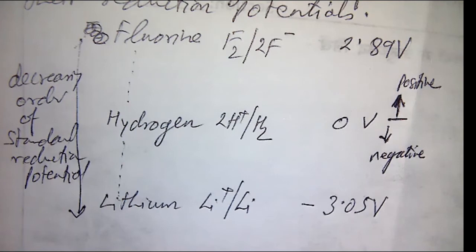But before that, one more thing I'll give you. When I give you this electrochemical series, you know the elements and you also know the electrode potentials. But suppose I give you a question where you don't know the elements. I can name the elements as A, B, C, D, anything, isn't it?